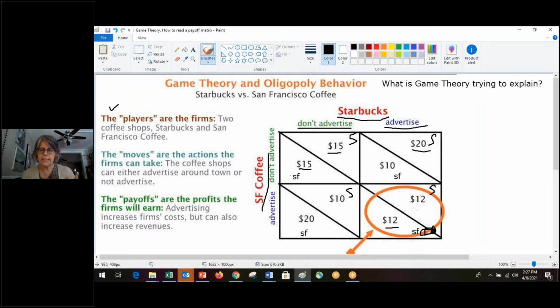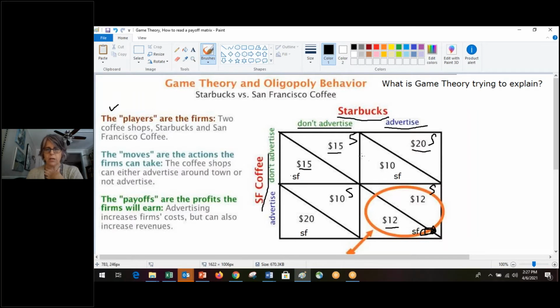Now let's see if they have a desire to change their behavior. SF Coffees is advertising and making 12. The only choice they have is to not advertise, and they would make 10. So SF Coffee has no incentive to change its behavior.